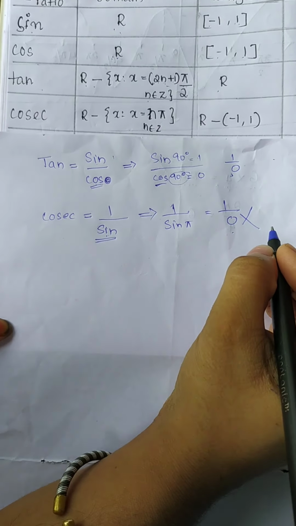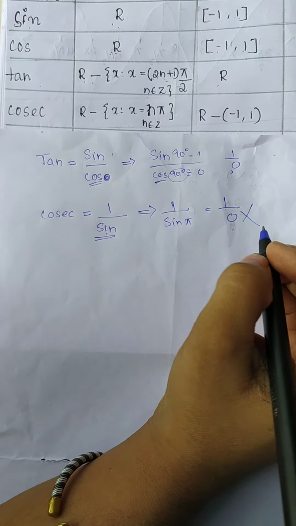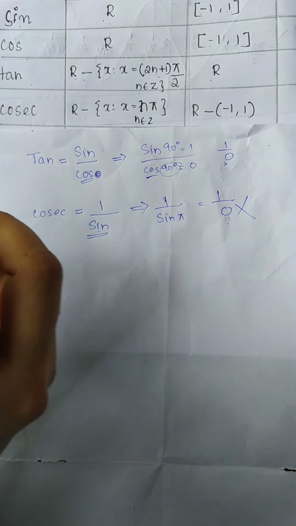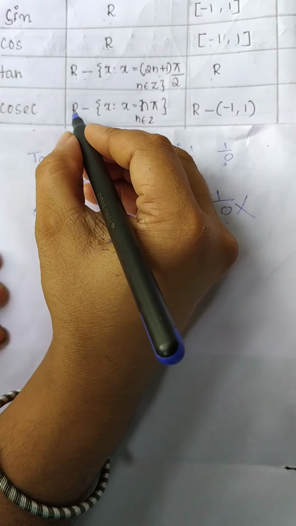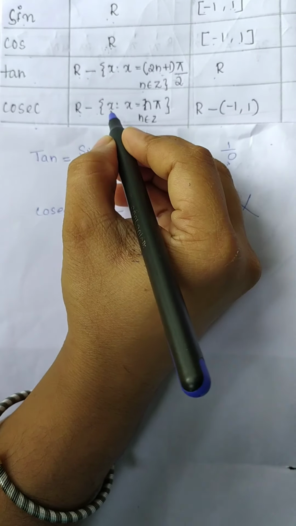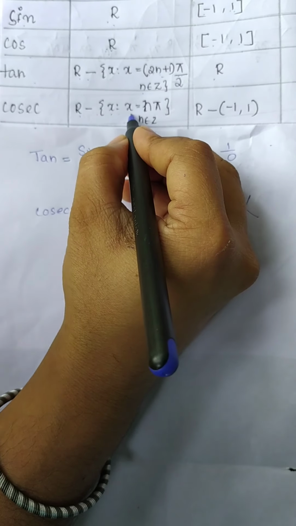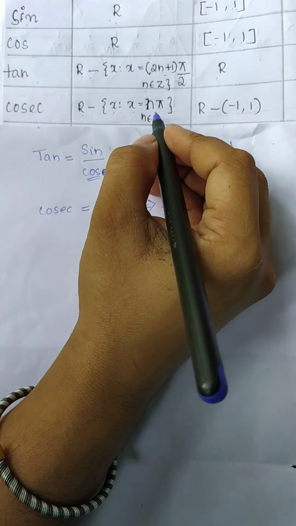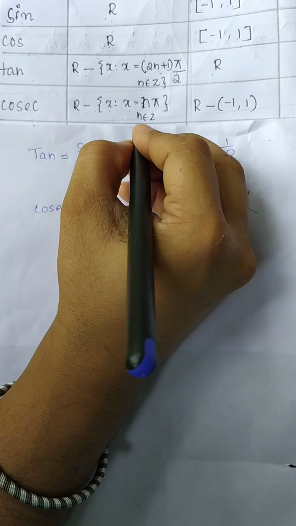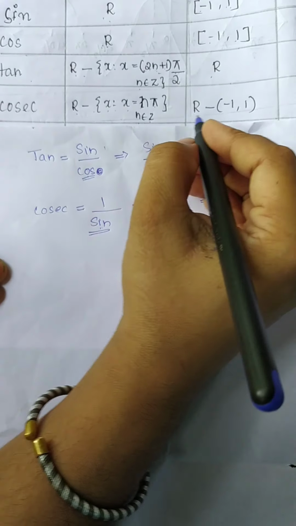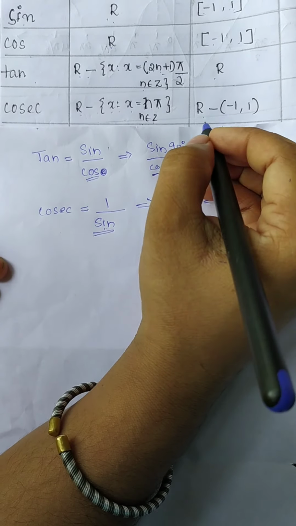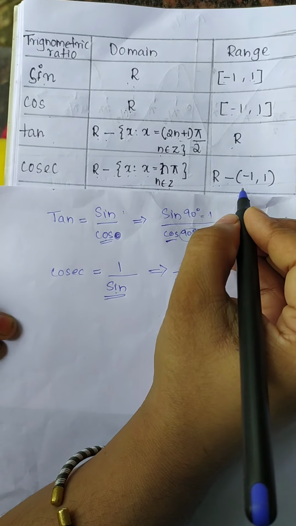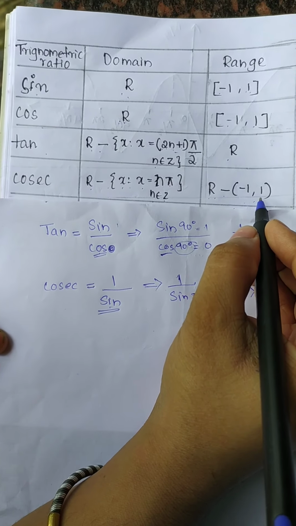Such a function does not exist, so we cannot include that. So we have to eliminate those from the real numbers: real numbers minus x, where x is not equal to n pi, where n belongs to integers. So what is its range? Range is R minus (-1, 1), that is the open interval -1 to 1.